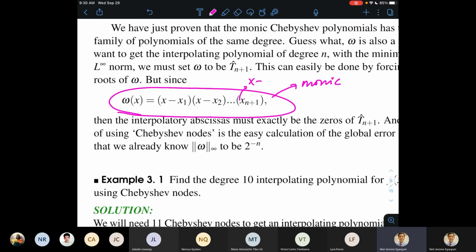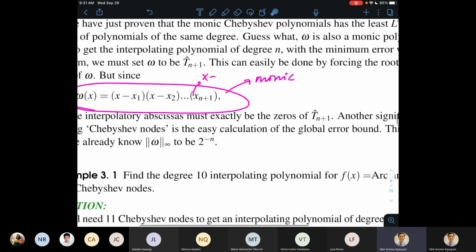Ibig sabihin yung mga xi dito, dapat sila yung maging roots nung monic Chebyshev polynomial. Kasi if that is so, then parehas ng roots si omega at saka si Chebyshev polynomial, and that is invariant under the set of monic polynomials. Kapag yung xi ginawa kong equal dun sa roots ng monic Chebyshev polynomial, ibig sabihin omega will be equal to t hat sub n plus 1.